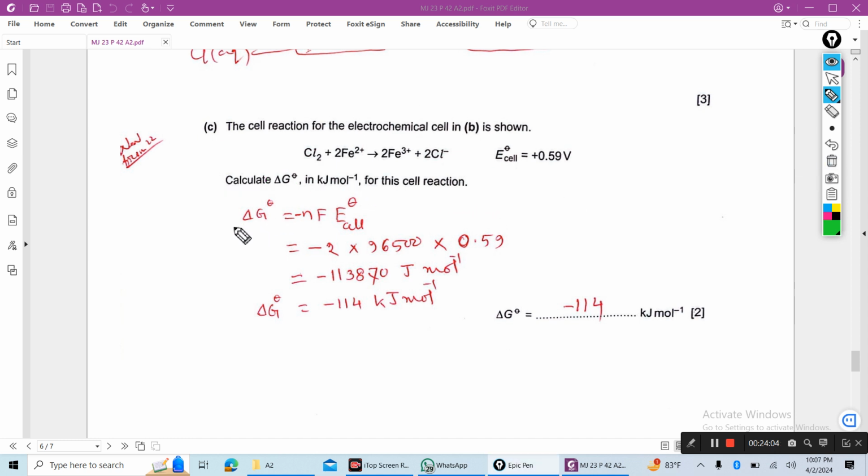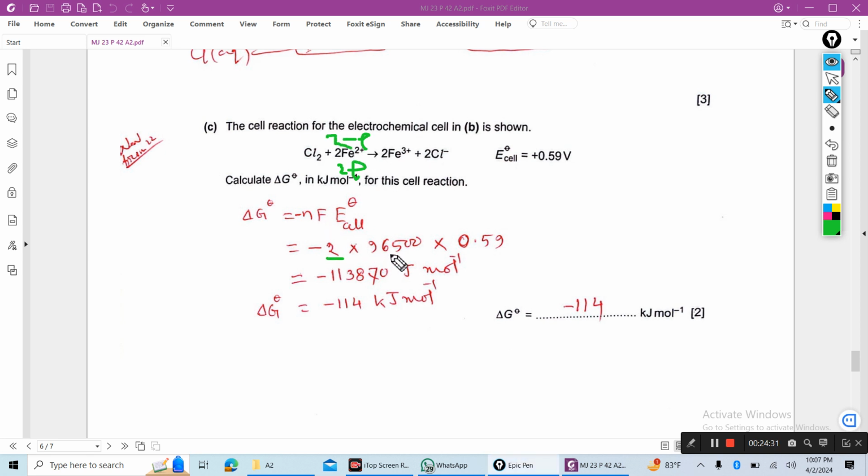Do you know the formula? Standard Gibbs free energy change equals minus n F E cell naught. N is the number of electrons. Here when chlorine goes to chloride, 2 electrons, and iron loses electrons, the same number, so total electrons will be 2.